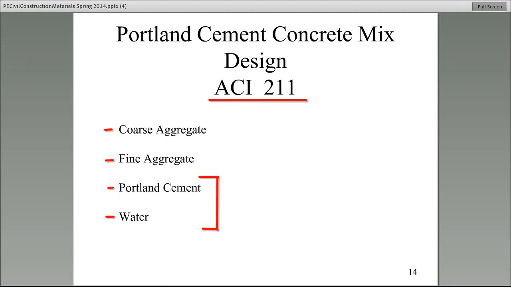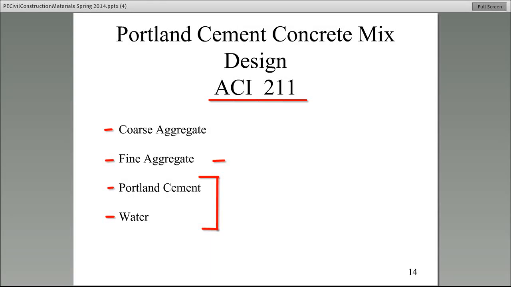When we talk about the process of mix design, the process simply is the calculations that will, in the end, give us a recipe. It will give us, for example, how many pounds of coarse aggregate, how many pounds of fine aggregate, how many pounds of Portland cement, and how much water do we need to weigh and combine together so we can get a concrete mixture with a specified strength.